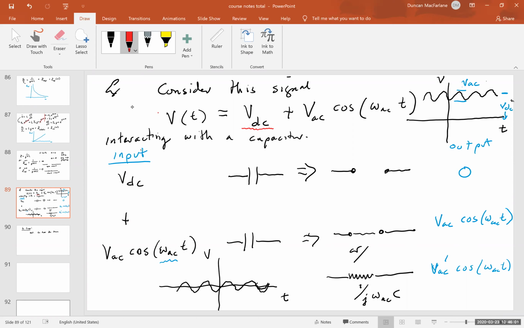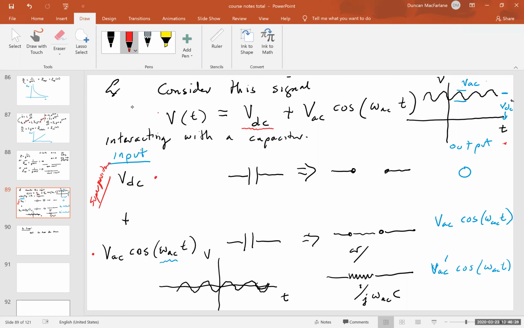Yes. Good. So now what I'm going to do is, I haven't said it, but I'll say it now. I'm going to use the principle of superposition. And I'm going to look at separately what happens to this frequency component and this frequency component as they meet a capacitor.